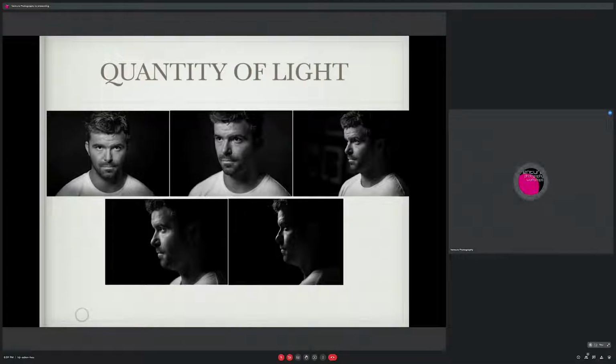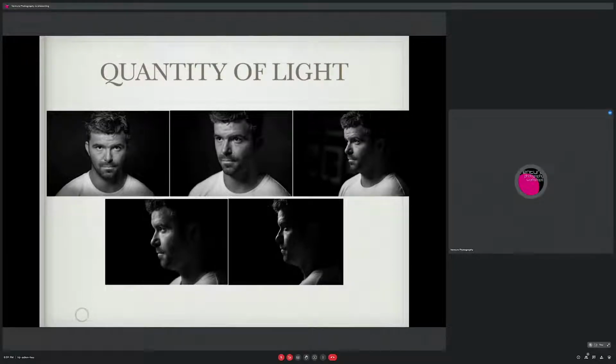And then what I do is I start taking the images by moving away from the light towards the shadowy part of it, so that I'm basically photographing the shadowy part of his face, photographing from the shadows. And as I move more and more to my right, you can see what's happening is I'm seeing less and less of his face, because his face is only being lit by that light from one direction.